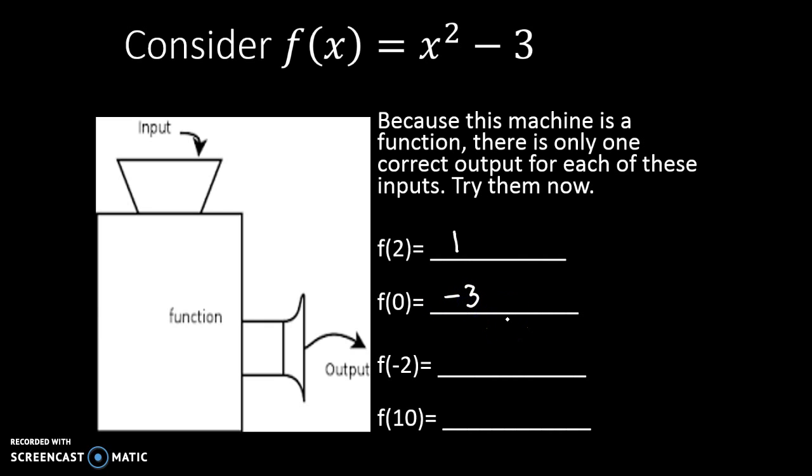And if I input negative 2, squared minus 3, negative 2 squared is 4 minus 3, so my output would be 1. So f of negative 2 is equal to 1. F of 10 would be 100 minus 3, or 97.